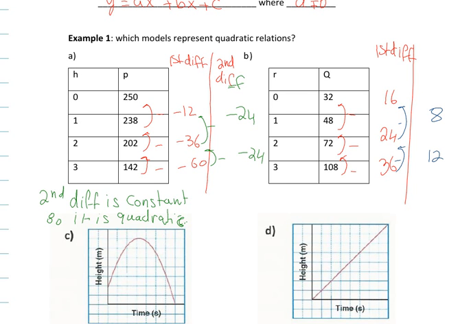In this case, it is not a quadratic relation, because the second difference is not constant.